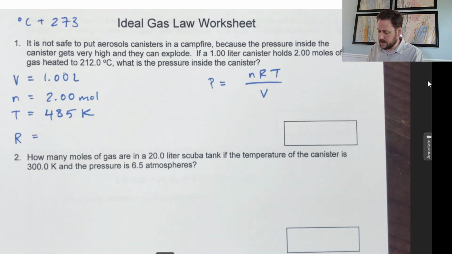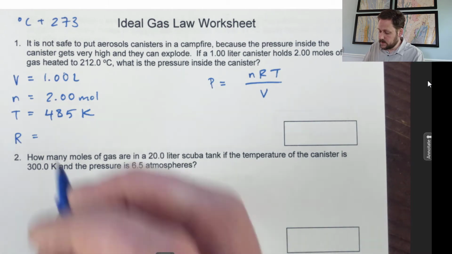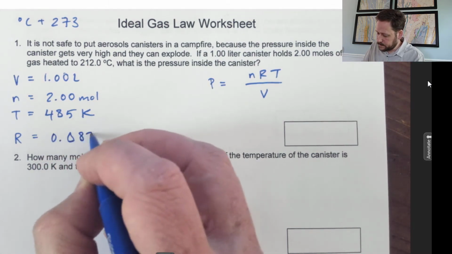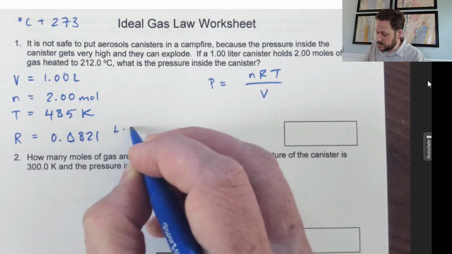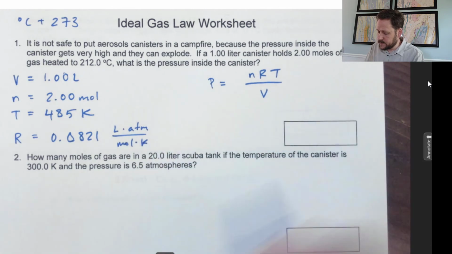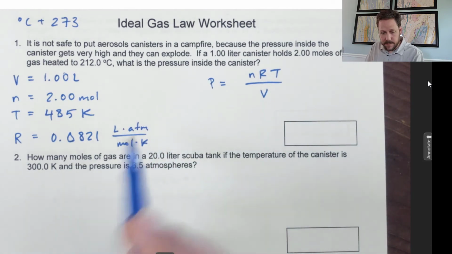Now let's see. The R value is going to be the one that gives me the pressure units I want. For instance, in this case, since we are solving for pressure, we can use any R value we want. If we use the 0.0821 R value, that's the one which is in liter atmospheres per mole Kelvin, then of course when our final answer is calculated, it's going to be in atmospheres.